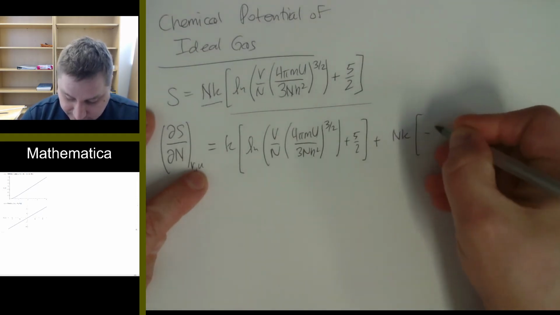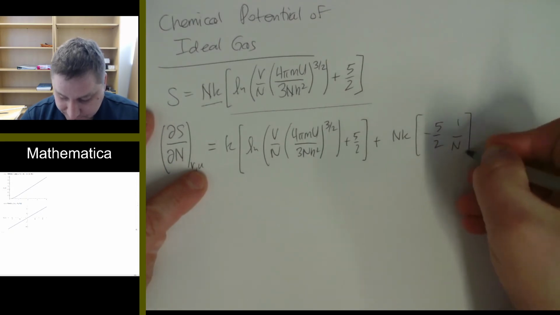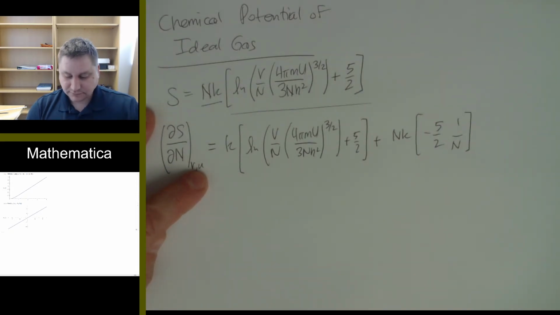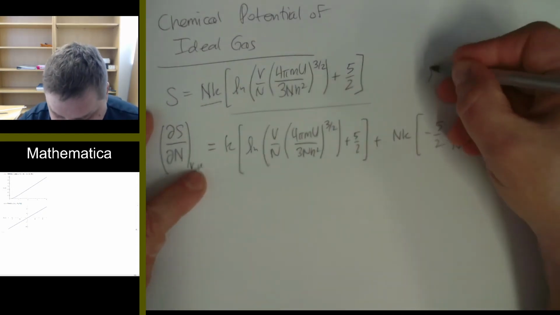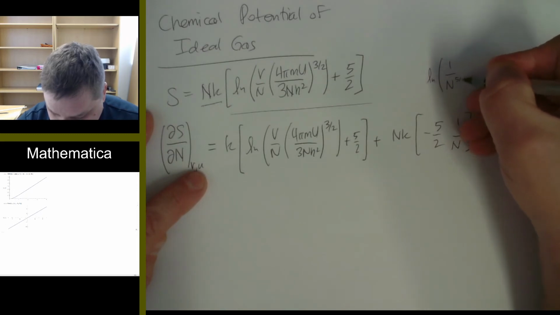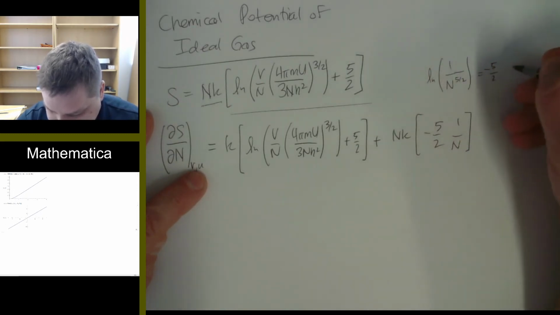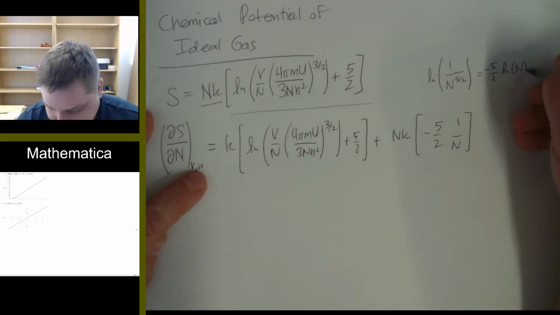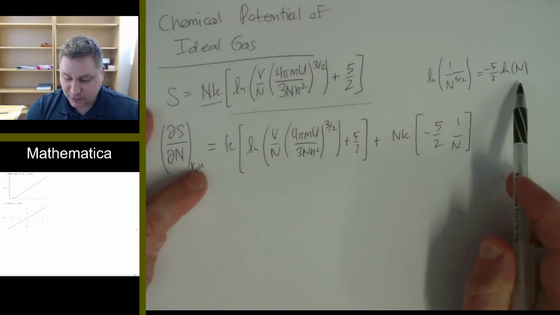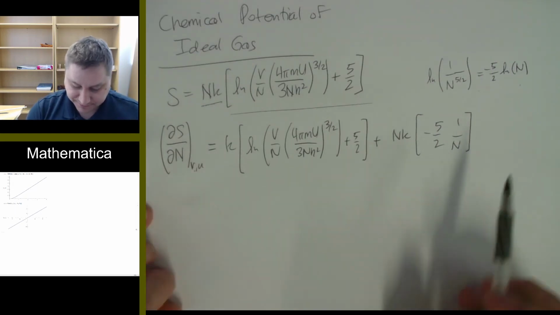So for this, we're going to get -5/2 times 1 over N. We use this exponent rule for logs, and then we get this for the derivative very simply.